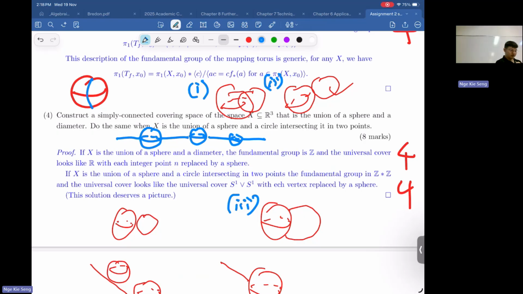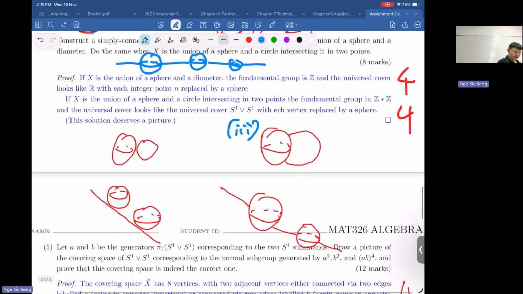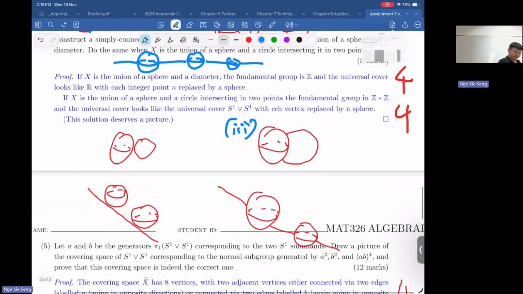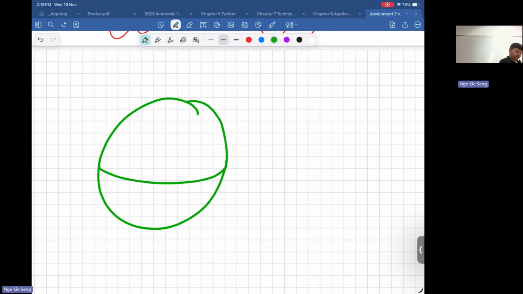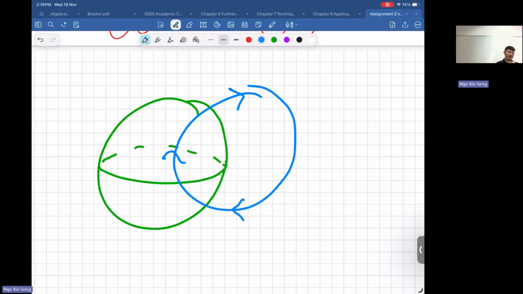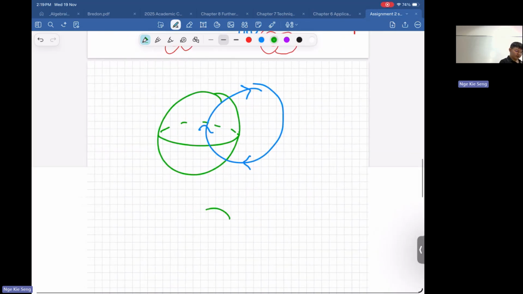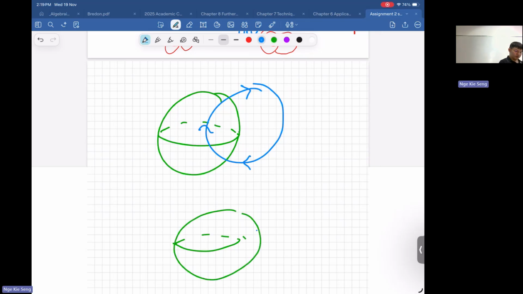So if you walk on this circle, right? So let's draw this. So if you walk on this circle, sorry, sphere, and this circle here. So either you walk up or walk down, right? So you walk to one side. Okay, maybe you can start with the sphere, right? And then you walk on one side, and then maybe you go to the other sphere.